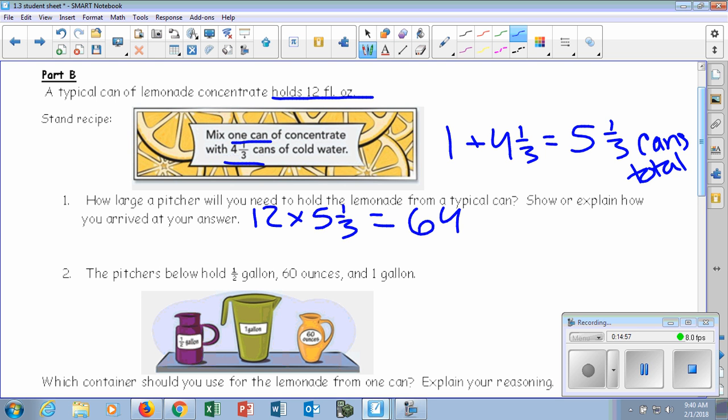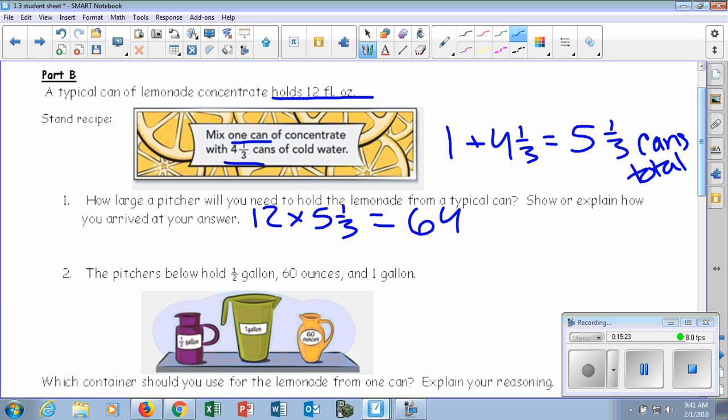So she did 12 times 5, which gave her 60. And then she saw that 12 divided by 3 is 4, so she did 60 plus 4 to get her 64. Exactly. So Sam and Gavin both found two different ways to do it, which is completely fine. We still get to our amount that will hold in the large pitcher, which is 64 for this.